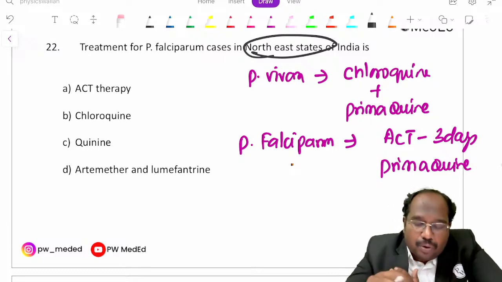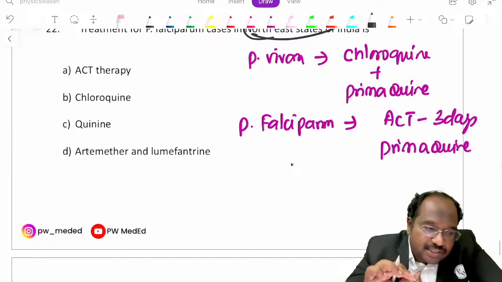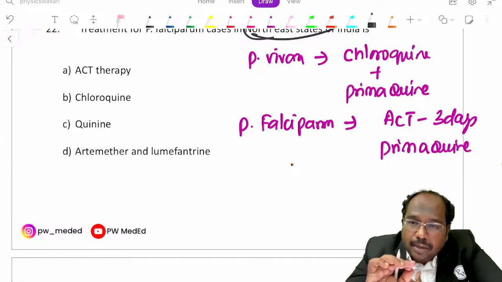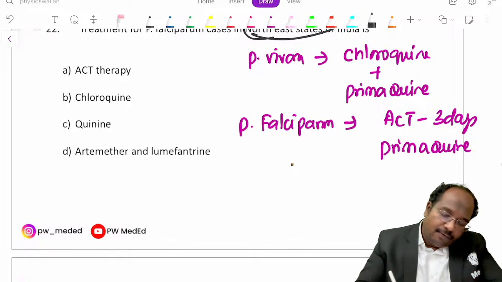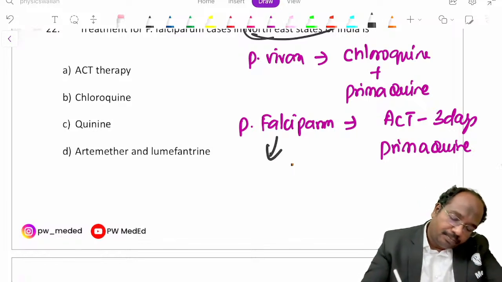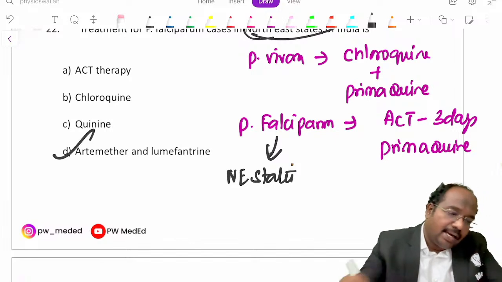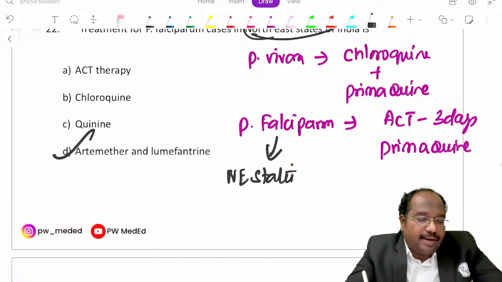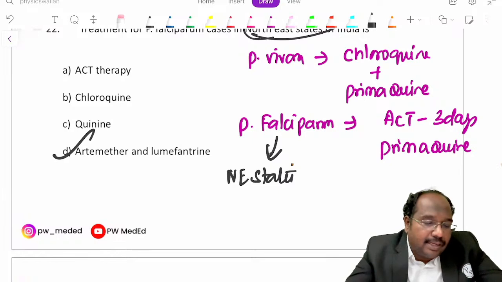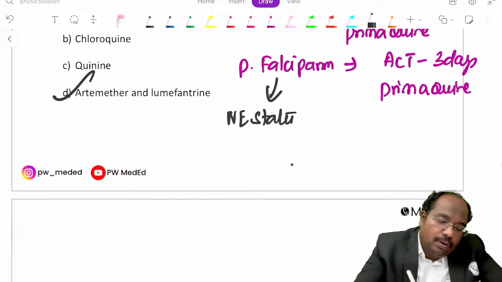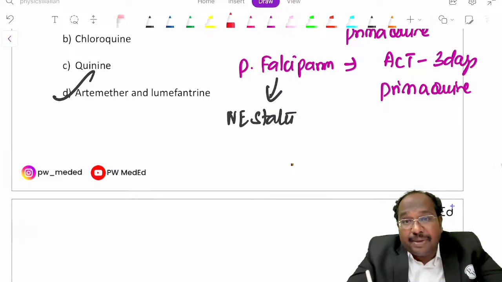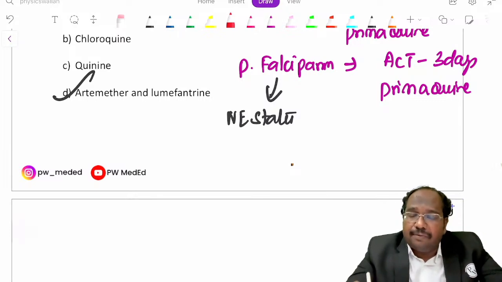If the question specifically asks about northeastern states, usually the resistance starts from there. For northeastern states the answer is artemether plus lumefantrine, guys. Am I clear? That is the drug we are going to use.